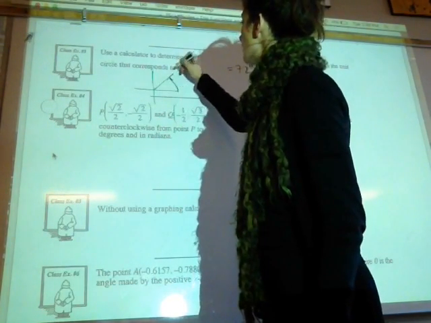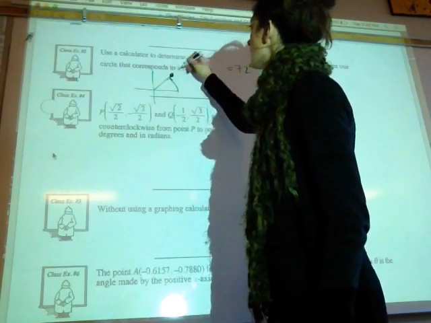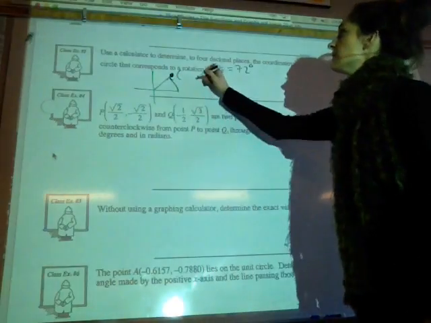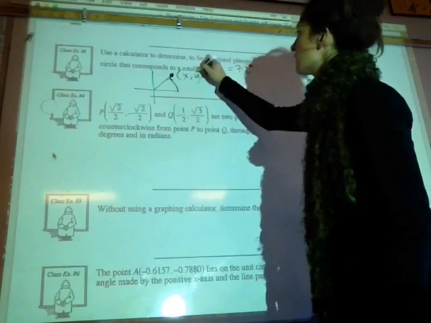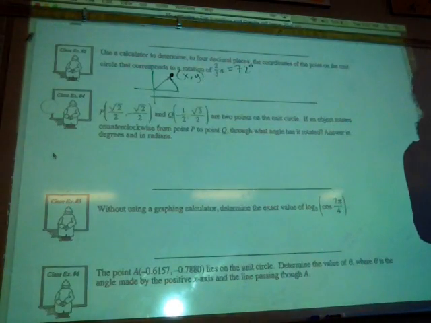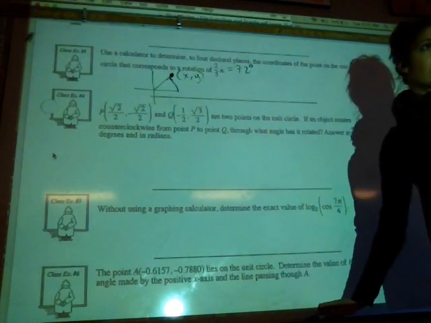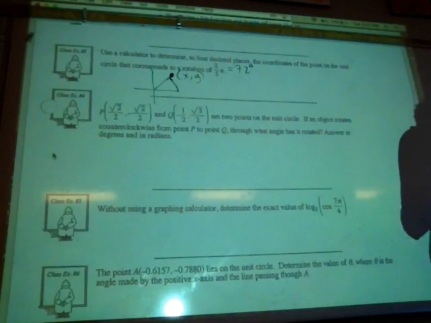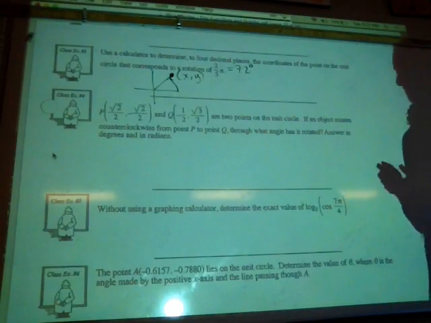It's in quadrant 1. Telling us we got to figure out the x and y coordinate. What do we remember about the x and y coordinate? What does x represent? Cosine.